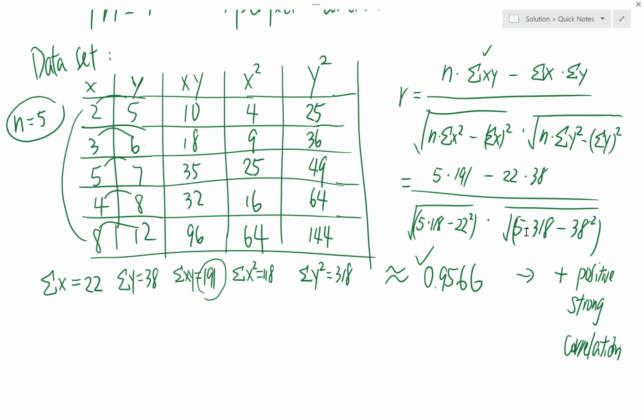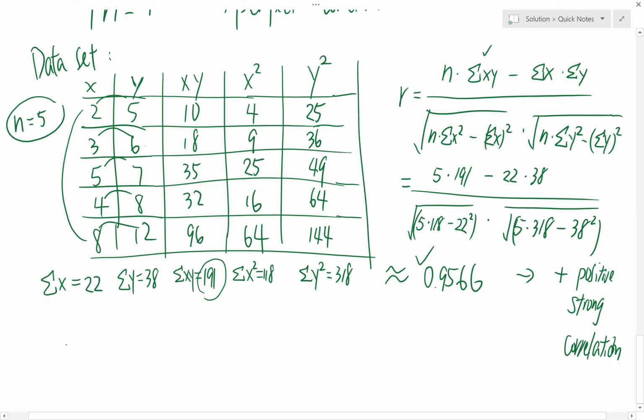You mean, like say it was negative 0.9566. Okay. Then how would you find the correlation of it? Oh, so if it is negative 0.9566, that would be a negative strong correlation.